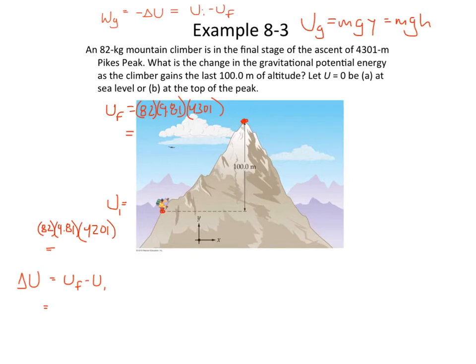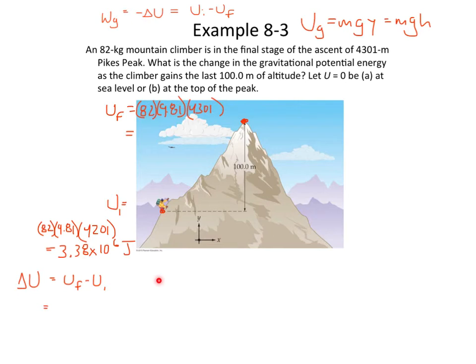Okay, I got a pretty big number right here. 3.38 times 10 to the 6th joules he has of energy at this initial position. It's a lot of energy. If you've got a big number, you're probably thinking, oh wow, that must not be right. It actually is right. He's got a lot of energy. He's got a lot of potential to fall down that mountain.